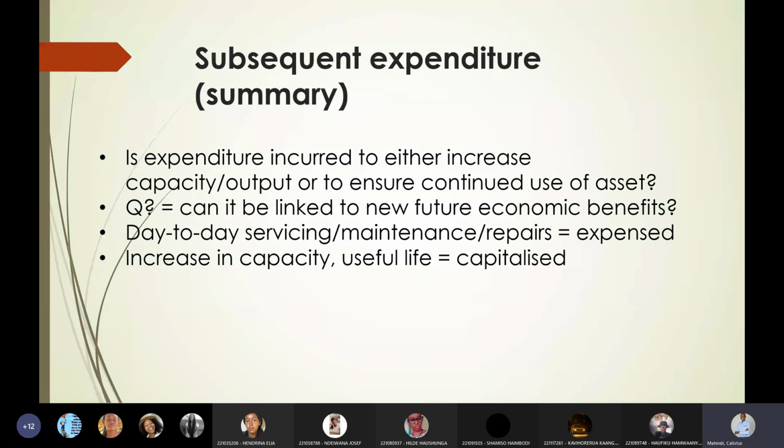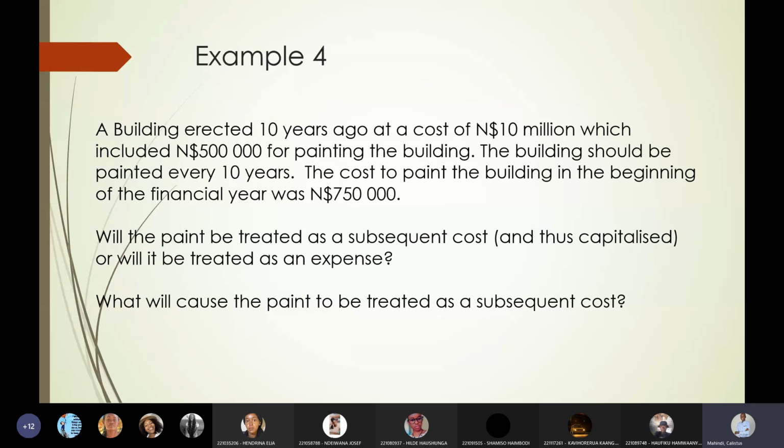All right, so let us deal with an example. This will be the last example that we're dealing with for this set of slides. A building was erected 10 years ago at a cost of 10 million, which included 500 for painting the building. The building should be painted every year. The cost to paint the building in the beginning of the financial year was 750,000.